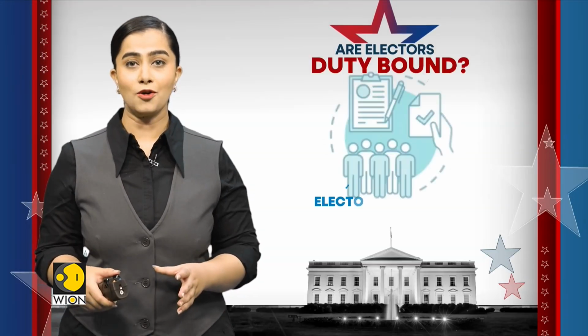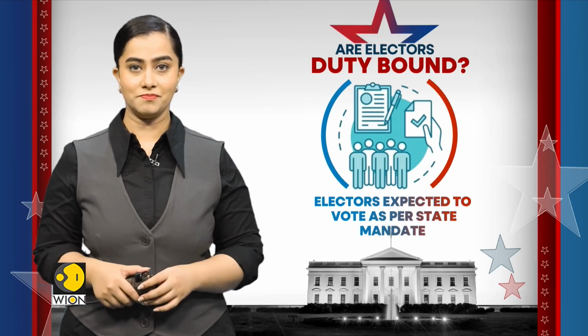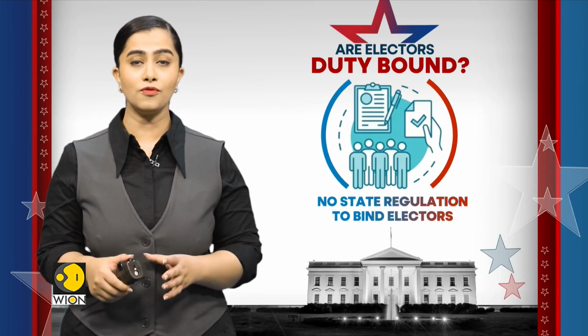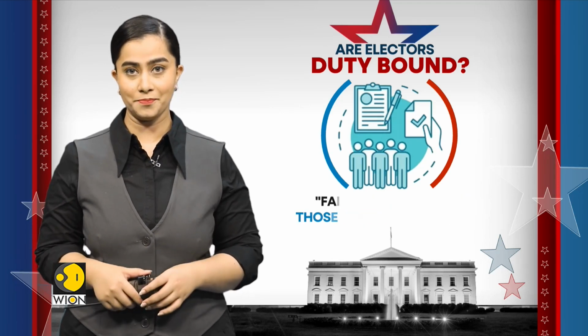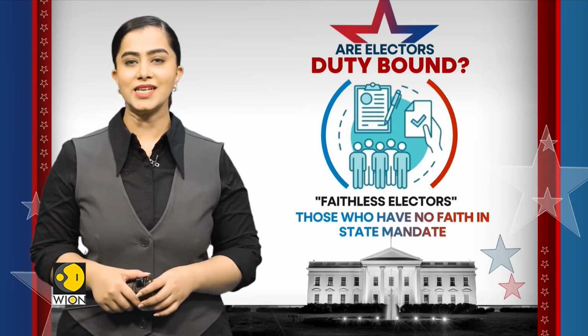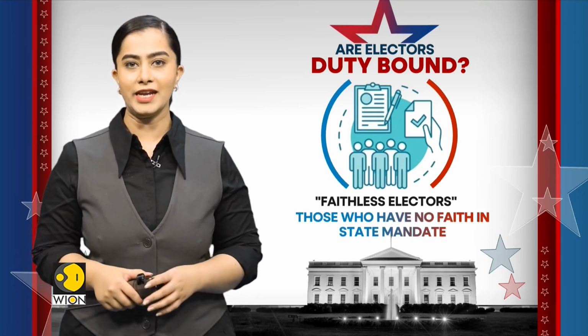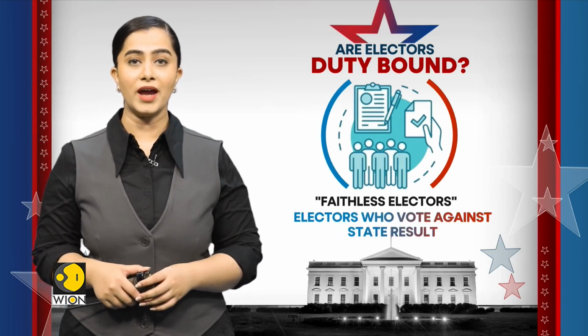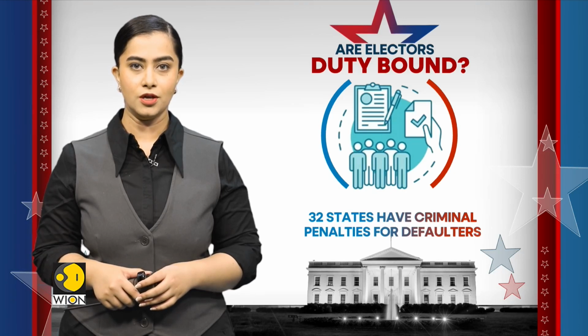Now, such electors are called the faithless ones. Dramatic, I know, but so are the elections, and a few rogue votes can potentially change the game. Interestingly, states have no regulation to bind the electors, but several states have criminal penalties to try and prevent the faithless electors from voting for someone else.